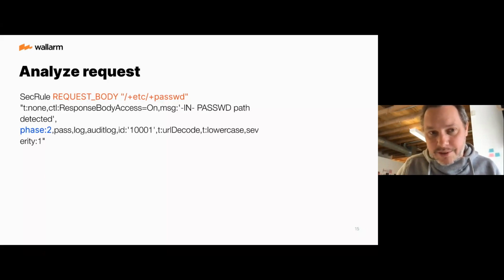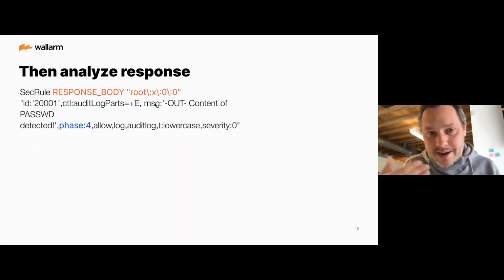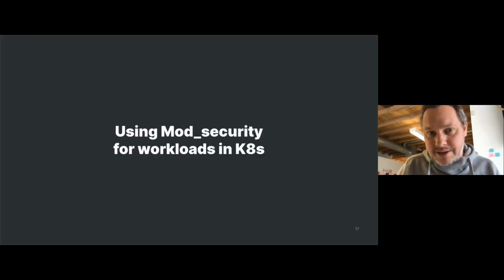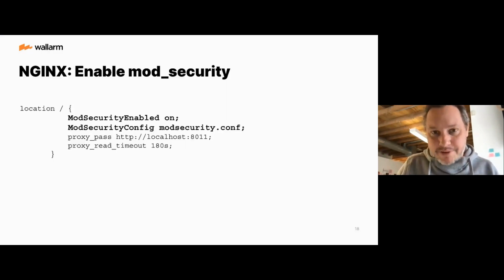So this is an example of a rule with the payload like etc passwd, and then we can analyze the response and look for something like root, something that everybody knows as the first line of etc passwd. So this is something that you actually can maintain, and this can be a great thing, but once again, you need to tune it, and this is the topic for a separate webinar.